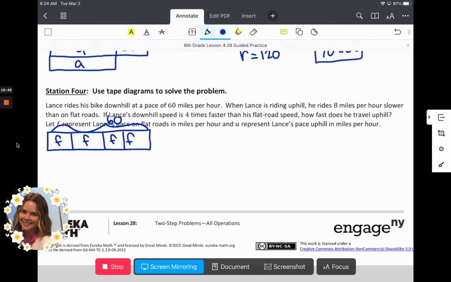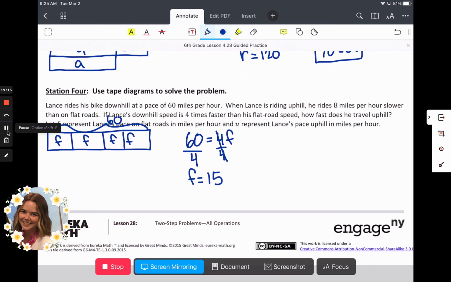Let's stop here real quick. If we know that 60 miles an hour is 4 times faster than Lance's flat road speed, we can find F. We'll divide by 4 and divide by 4, and we're left with F equals 15.